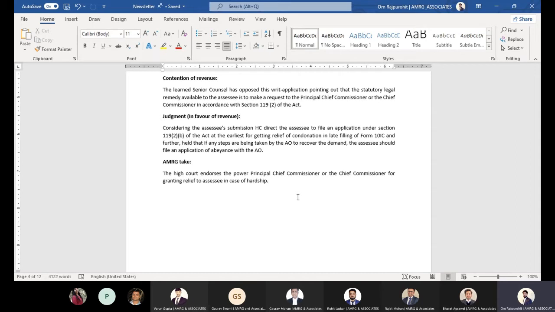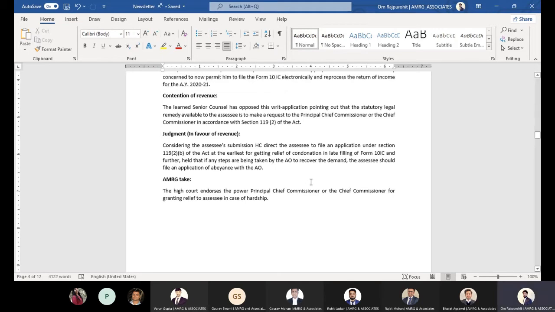It also said that during that process, the AO should not issue any recovery notice of demand, and in the meantime the SSC can file an application for abeyance before the AO, and the AO should decide the matter on the merits.